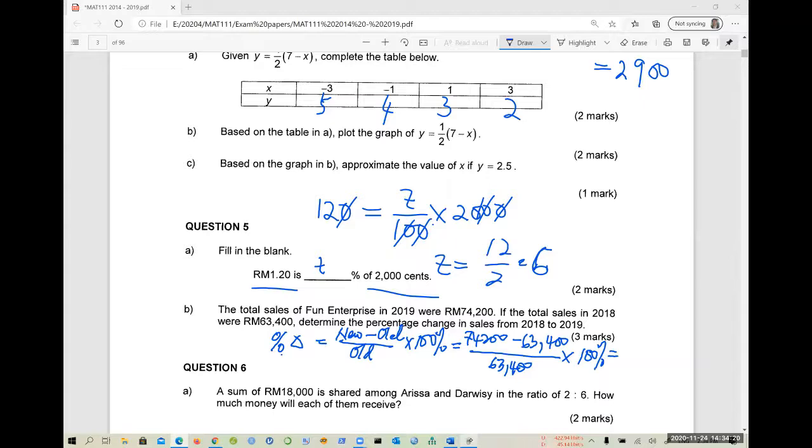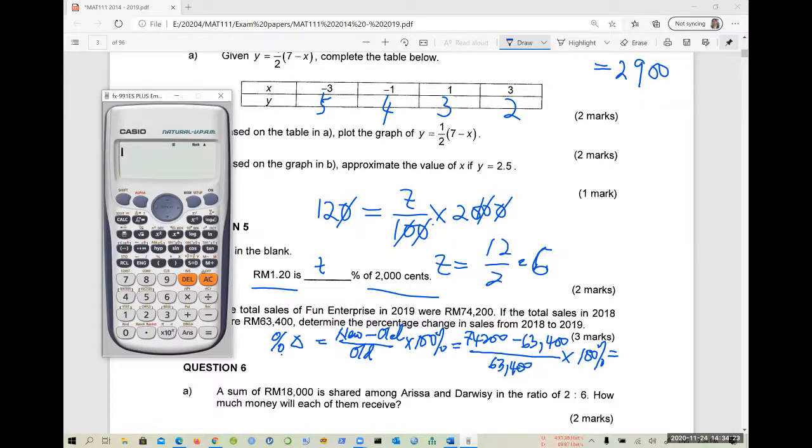So this gives you the answer. You have 74200 minus 63400, so give you this amount. Oh goodness, what happened?